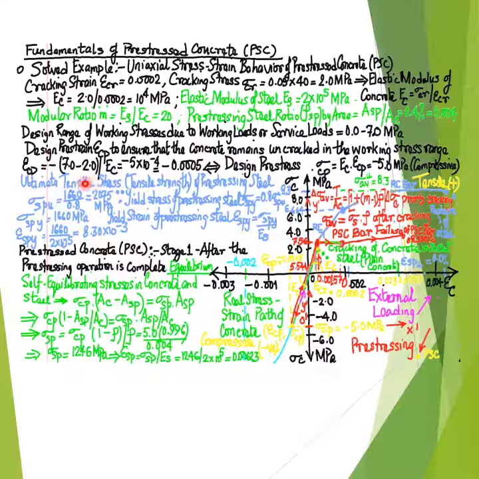Since typically the yield strength or yield stress of steel in general is 80% or 0.8 of the ultimate tensile stress or the tensile strength of the steel.